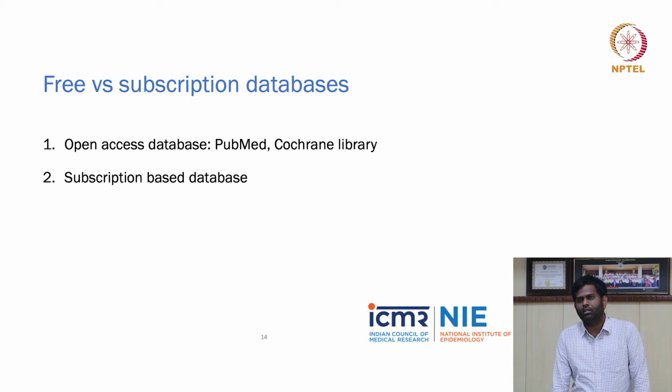These are freely available in India. Most other databases like Scopus, Embase, PsycInfo require an institutional or individual subscription, and this subscription can cost you a fortune. So again, that becomes one of the limitations of choosing the relevant database while performing a systematic review.